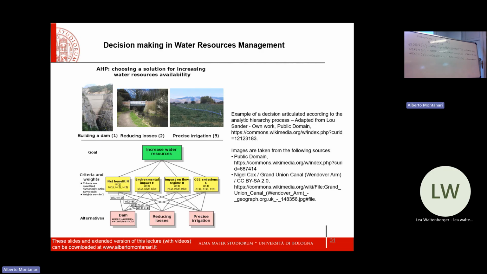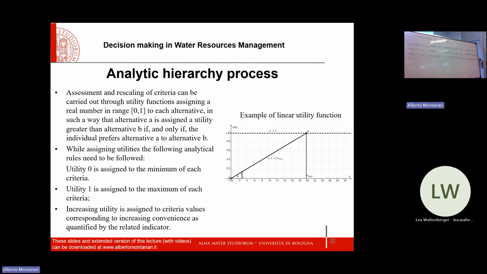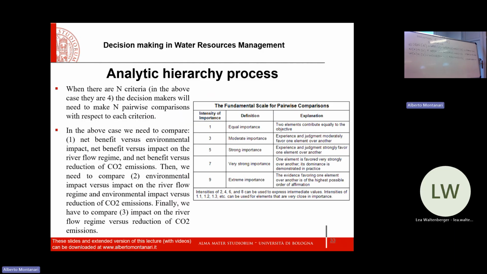So what is the solution to estimate the weights? It's precisely the AHP process. And the idea of the AHP process, besides utility, is to compare the criteria 2 by 2. It's a complicated decision because we have a comparison between 4 things. So let's compare them 2 by 2. Let's ask the first person, do you think the net benefit is more important or the environmental impact?